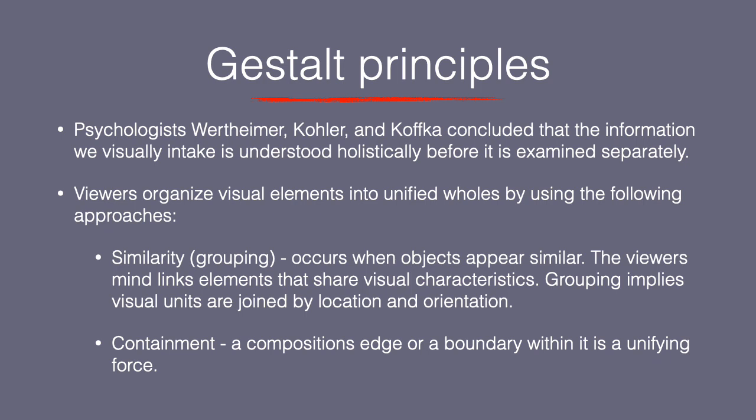Grouping implies visual units are joined by location and orientation. Containment is when a composition's edge or a boundary within it is a unifying force. Boundaries can contain elements such as motifs, textures, shapes, or spaces.